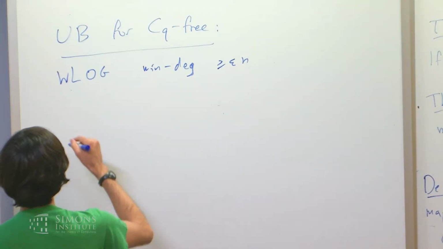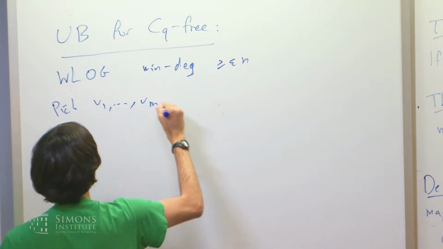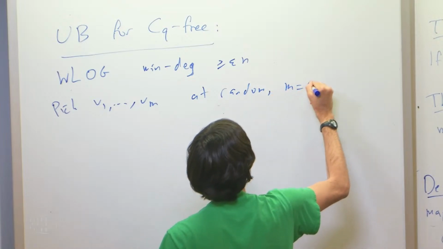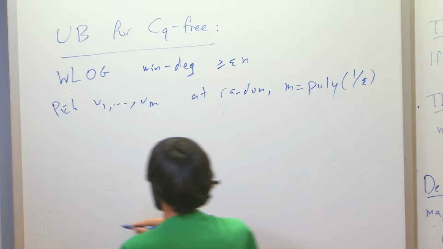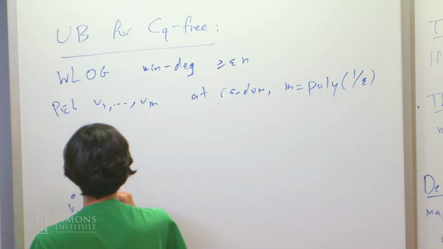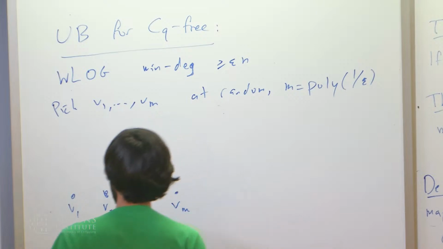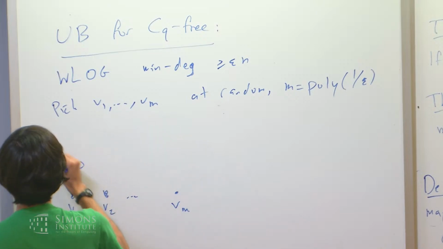Now what I can do is pick v1 up to vm at random, where m is going to be some polynomial in 1 over epsilon. So this is v1, this is v2, this is vm. I'm going to look at the neighborhood of v1, let's call that s1.